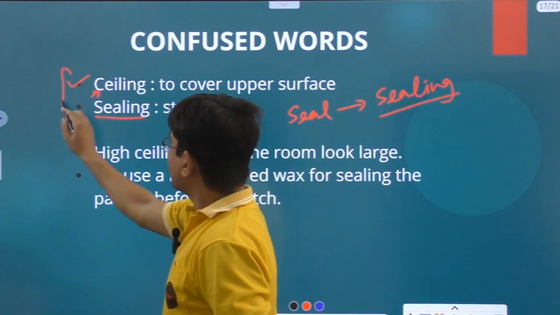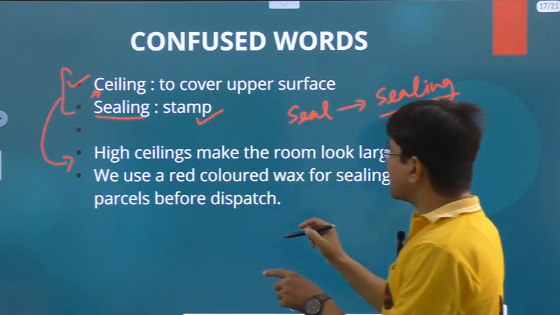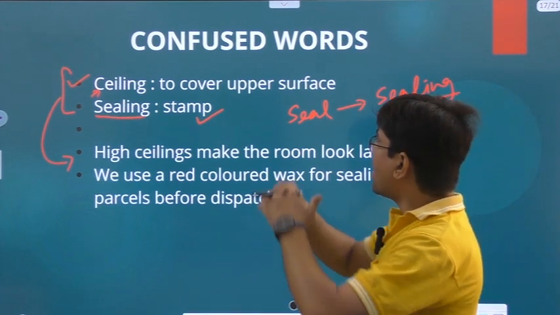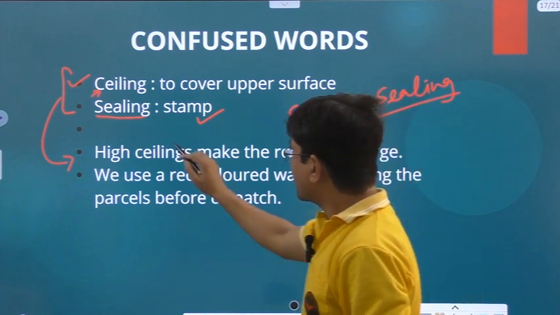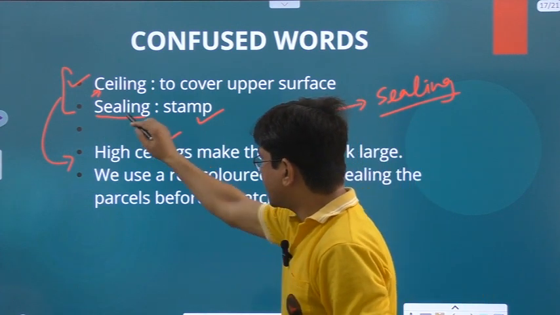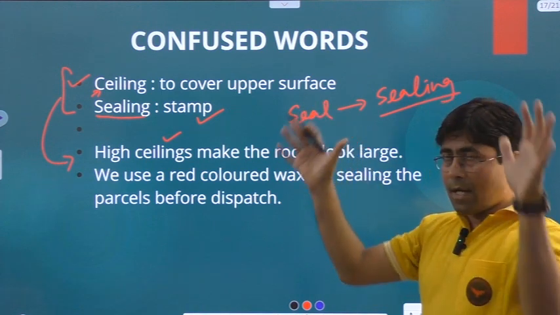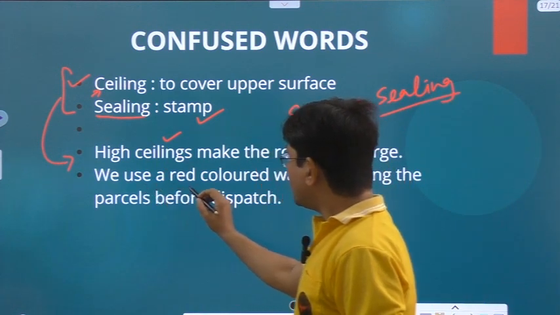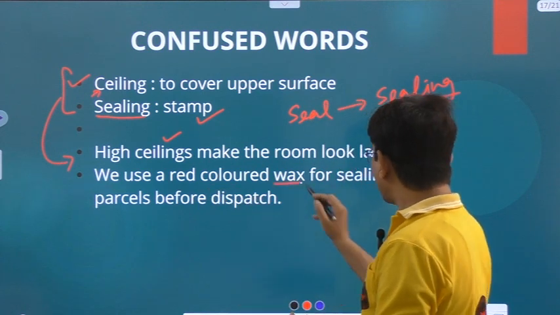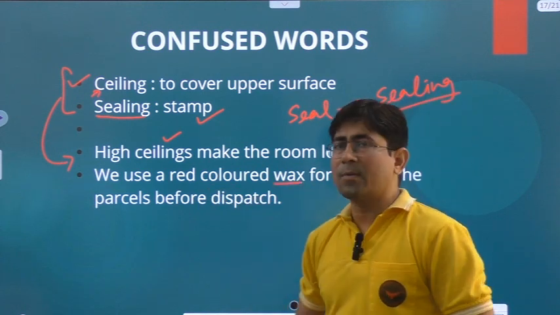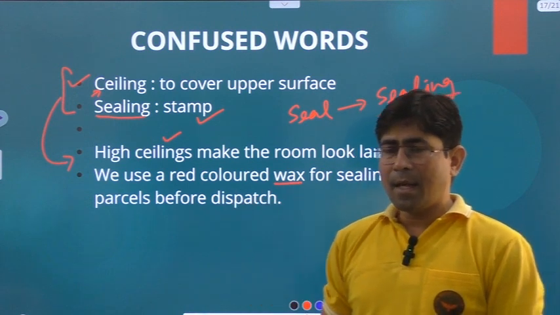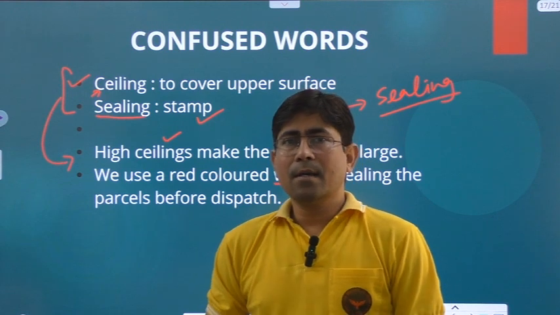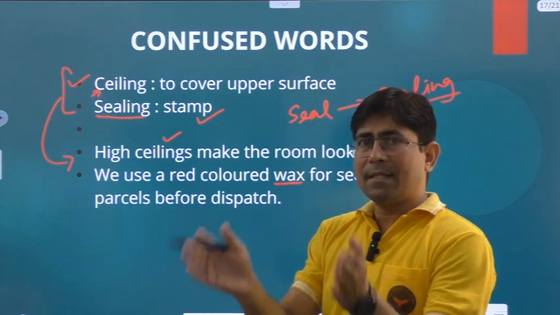How to use these two words in your sentences? High ceilings make the room look large. Ceiling means the upper surface of your room. So high ceilings, not sealing. And what about this sealing? We use a red colored wax for sealing the parcels before dispatch. So before you dispatch any parcel, and you don't want it to be opened in between, you seal that parcel.